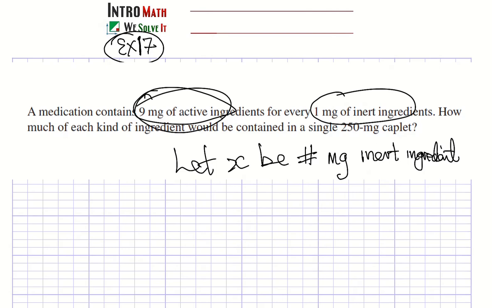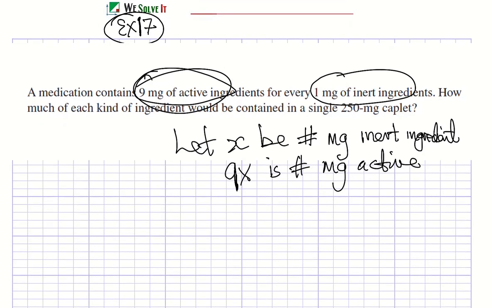And then the other one has to be 9x, you see? 9x is the number of milligrams of active ingredient, okay? That's 9x. So you have to cut through the words and pay attention to what is given. See, milligram right there, milligram.